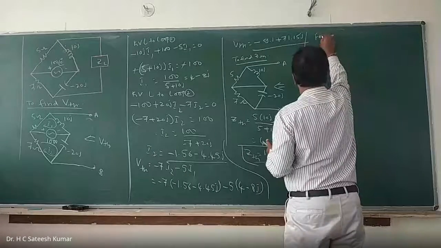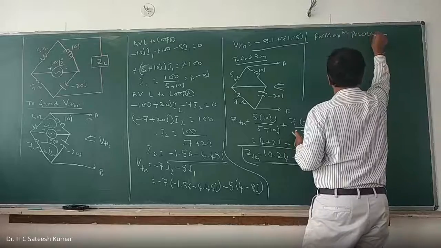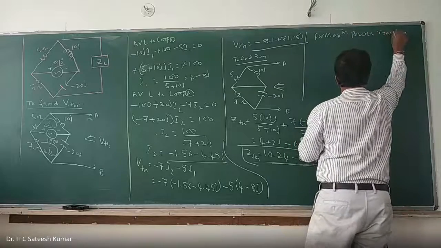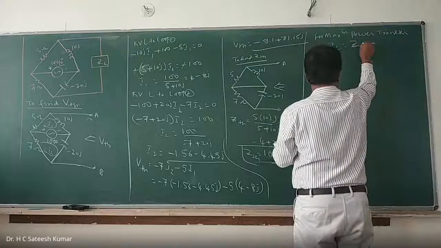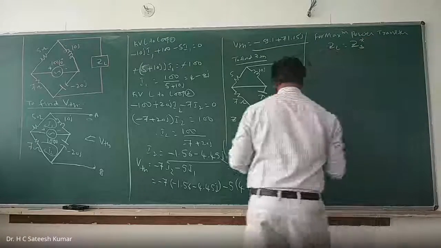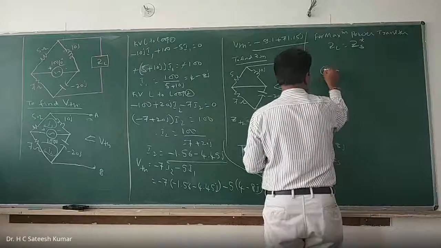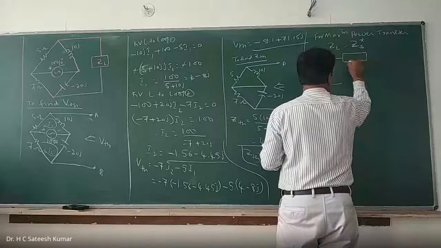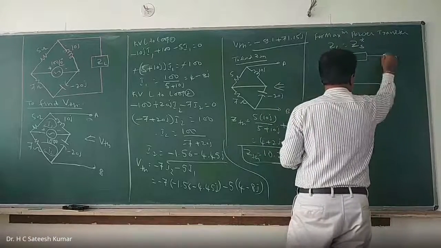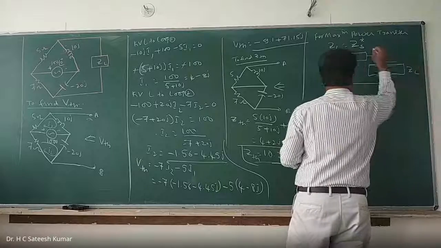For maximum power transfer, condition is what? ZL should be equal to the complex conjugate of the Z source. But ZTH itself is Z source, no? Source impedance. So therefore, we can write it as, this is your ZL, this is your ZS.